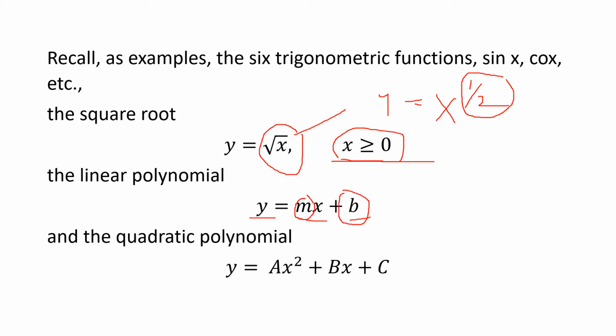Now, how can we graph a line by simply using the sign of your slope? If your slope is a positive value, your line rises from left to right. If your slope is a negative value, then your line falls from left to right. So that's how we deal with your linear polynomial.